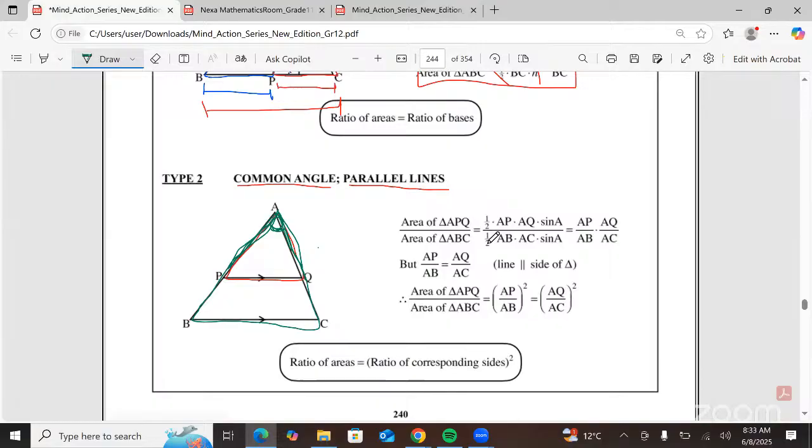It's going to be half times AB times AC times sine of angle A. Therefore, we have sine A, we have this half, we have this half. Now we are left with AP over AB times AQ over AC.